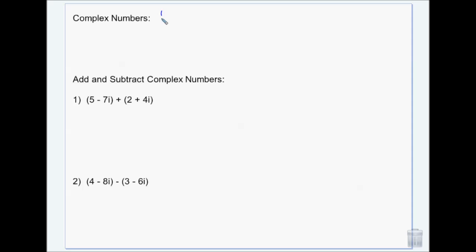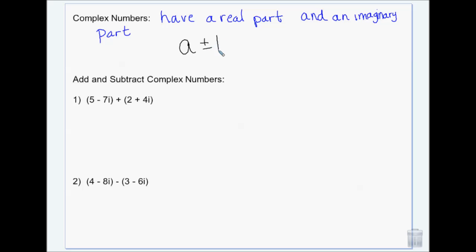So complex numbers have a real part and an imaginary part. Imaginary has an A in it. Okay. And they are always of the form A plus or minus BI.